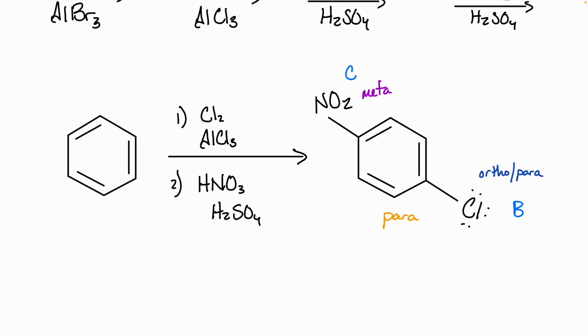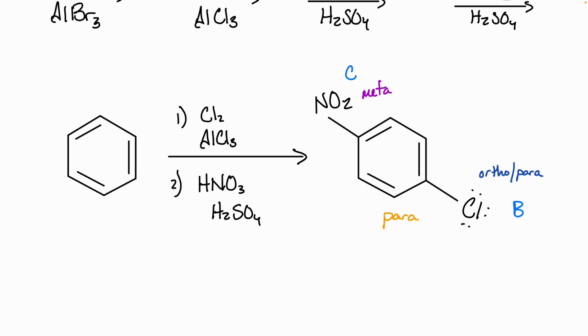So yes, if you were in the lab, you would have a mixture, and you would use one of the million techniques that we have in organic chemistry, called chromatography, to separate these two components from the mixture. So I'm not saying that this is the only product, but that is how you would get that particular product. You would first have to put on that chloro group because it's an ortho-para director, and then the nitro group would be directed to the correct position.